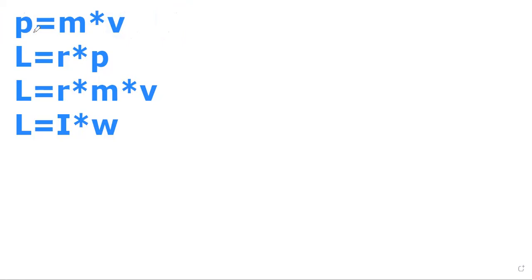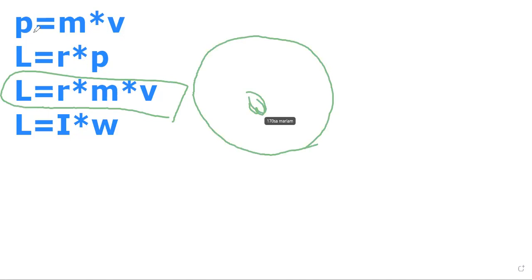Okay, if we say that linear momentum, or let me say as a rule, we will apply an example to that rule. If we say that there is a body here moving about that center, this is the body, this is the distance r, and the velocity equals 12.